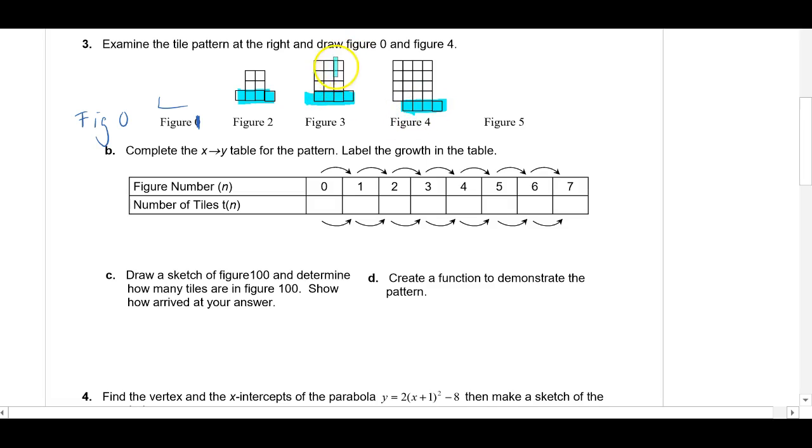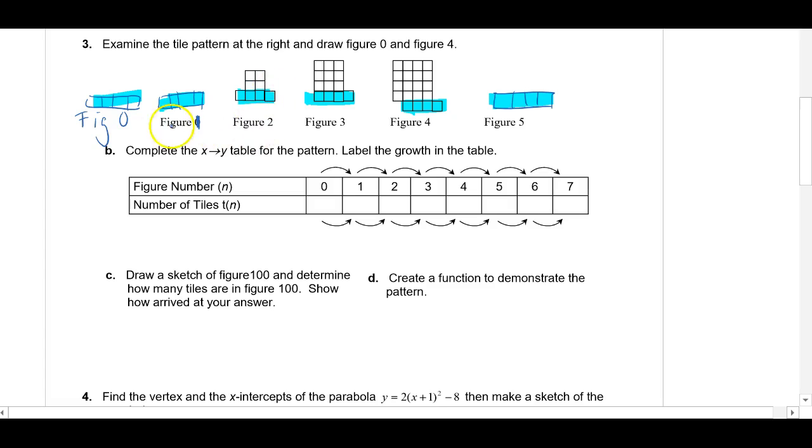Okay, and it seems like we're growing a square onto the top. So if that's the case, then I know that all of these are going to have 4 blocks. So I can just go ahead and fill this in. I know these all will have 4 blocks. But now I've got to figure out what's on top.